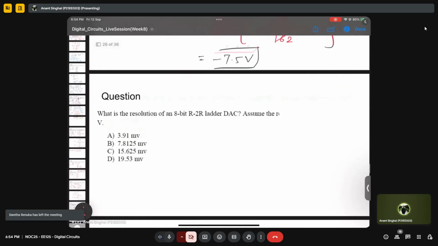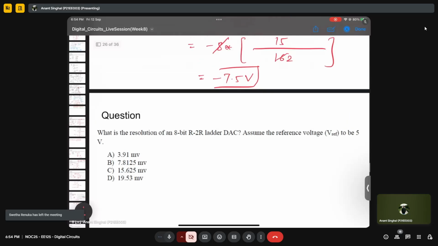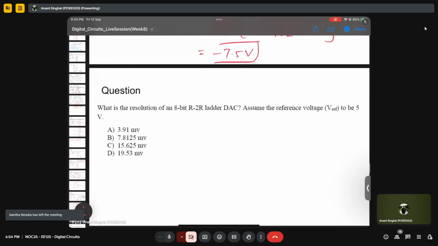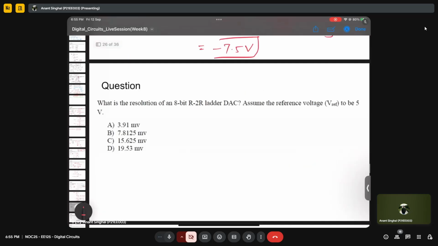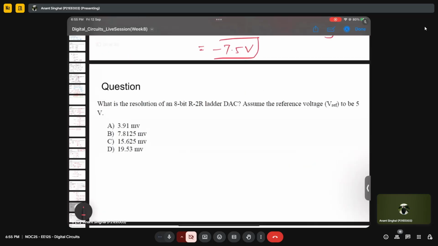So if this is clear, let me know the answer. Okay, wait. Let me know the answer to this. Let's do this question first, and then we'll see the next. Again, take 1 minute and let me know the answer.